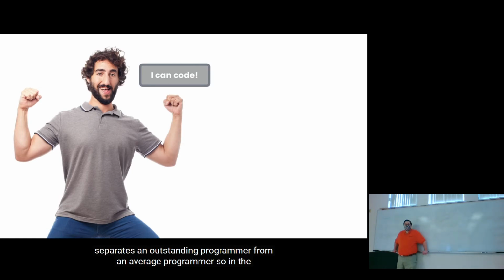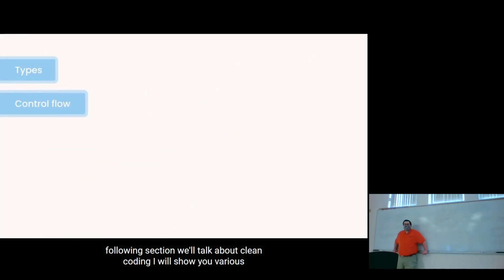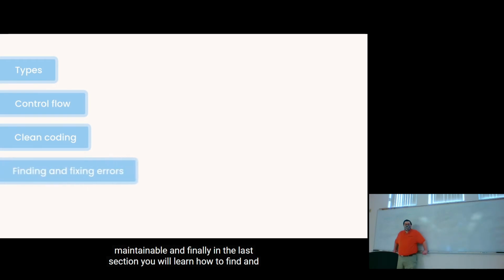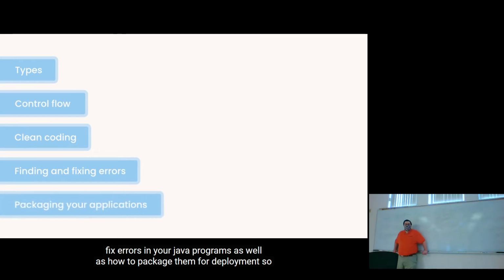That's what separates an outstanding programmer from an average programmer. So in the following section, we'll talk about clean coding. I will show you various techniques that professional programmers use to make their code clean and maintainable. And finally, in the last section, you will learn how to find and fix errors in your Java programs, as well as how to package them for deployment so others can use them.